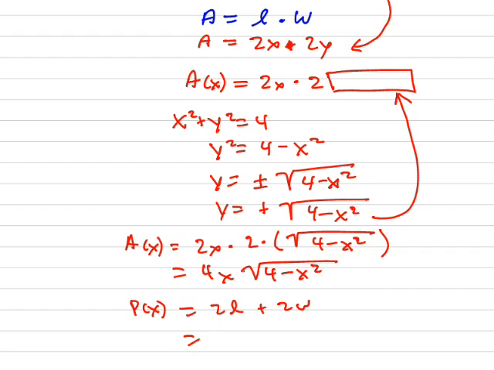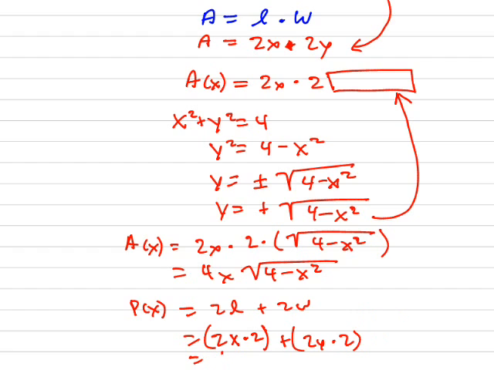And if we substitute in 2x, let's see, 2x is the one side, so it's going to have to be 2 of those, plus 2y and 2 of those, because you're talking about 2 sides.